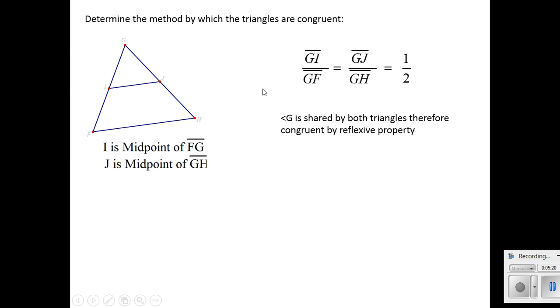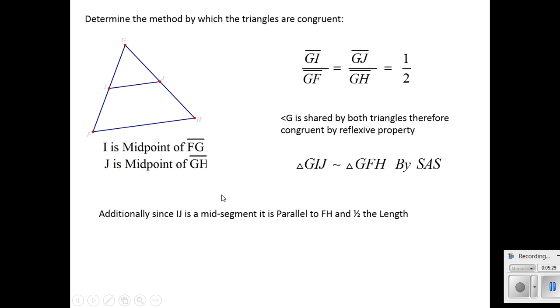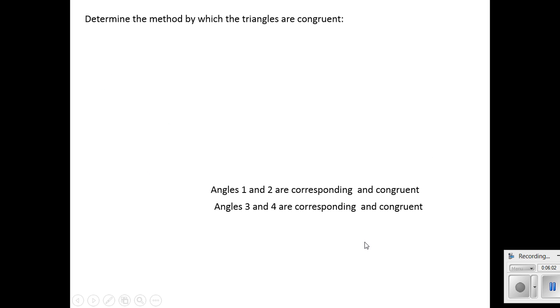G is shared, so we have this SAS illustration of the triangle similarity. However, there was another option in that this is a mid-segment, which, as we know, is also parallel, okay? Which, it being parallel, is setting up corresponding angles, okay? Which is yet another way of illustrating, okay? Should have here AAA, not triple S, okay?